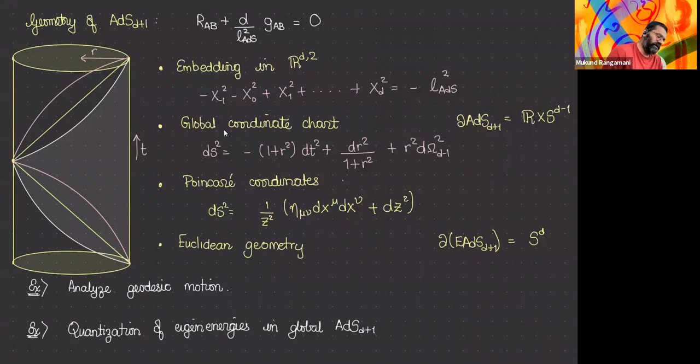That's the boundary. That boundary is, in this case, just R^{d-1,1}. In the bulk, it covers one Poincare patch with Poincare horizons, which are ruled by null geodesics.